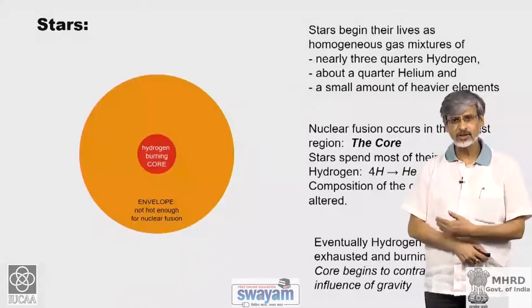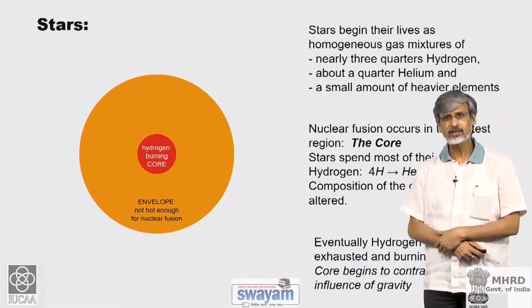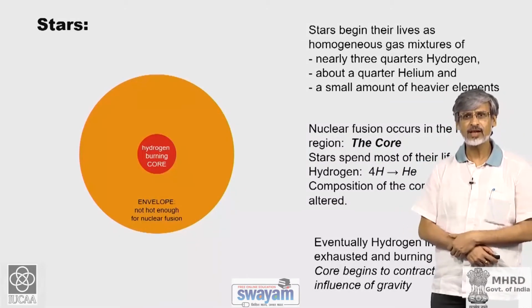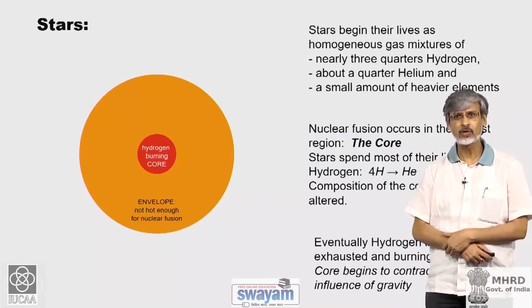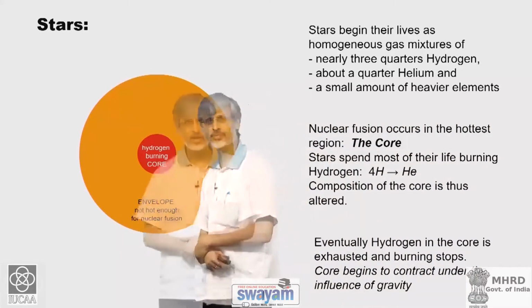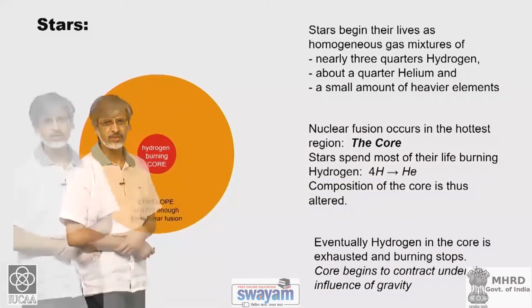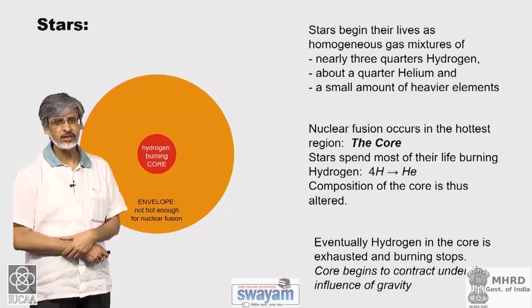What happens through the life of a star? In the beginning, stars start their lives as homogeneous mixtures of gas, of which nearly 3/4 is hydrogen, about 1/4 is helium, and a small amount is composed of heavier elements. Now, nuclear fusion occurs in the core, where the material is hottest.